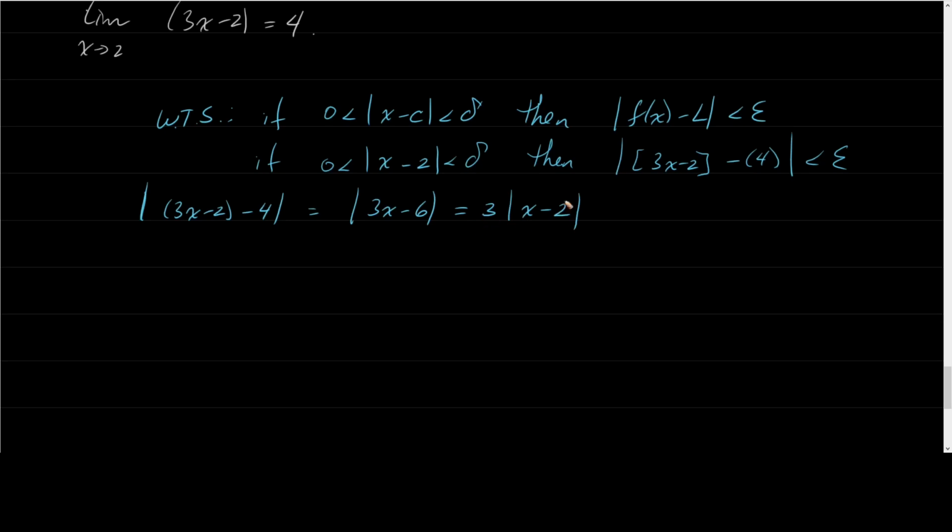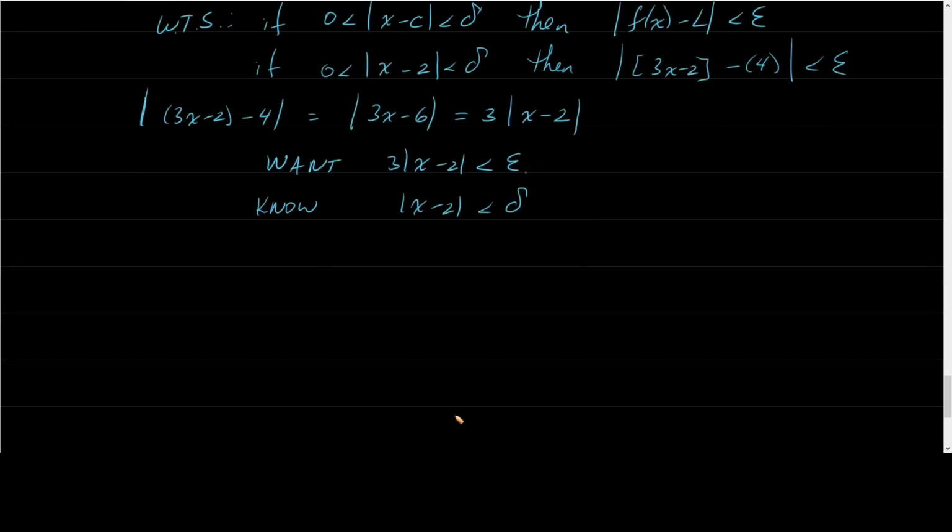Now we want 3 times the absolute value of x minus 2 to be less than epsilon. What do we know for sure, though? We know that the absolute value of x minus 2 is less than delta.